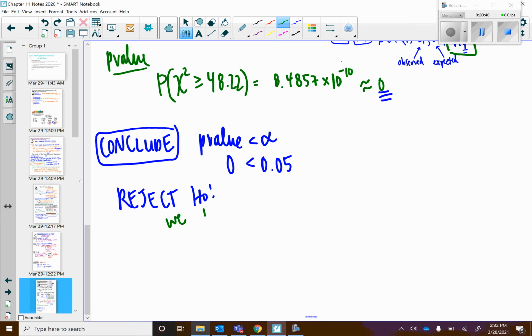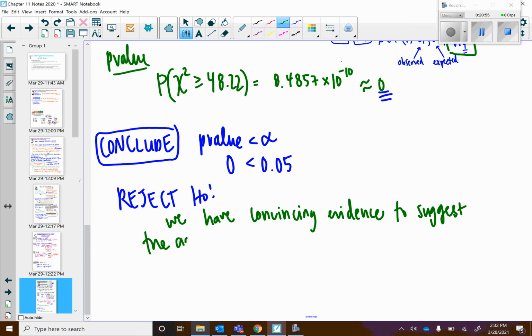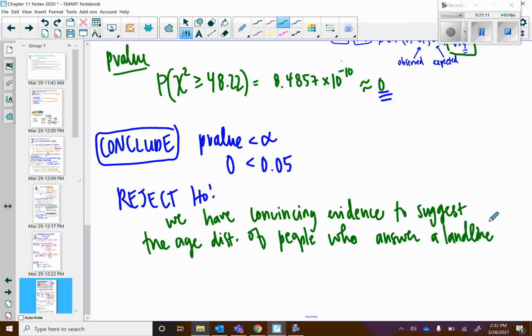We have convincing evidence to suggest the age distribution of people who answer a landline is not the same as the age distribution of all US adults.